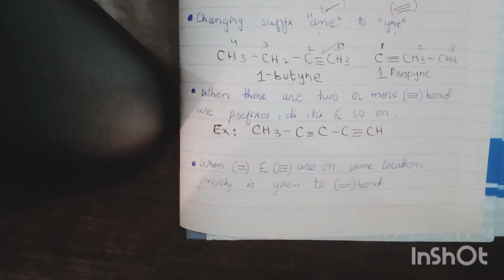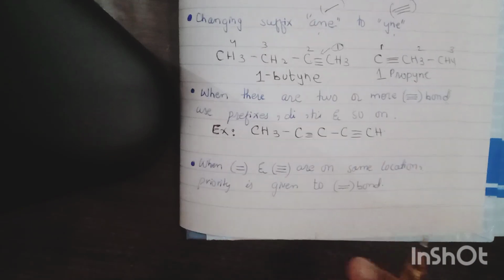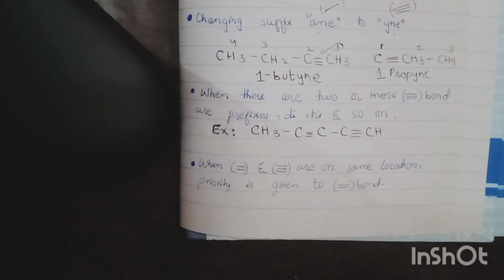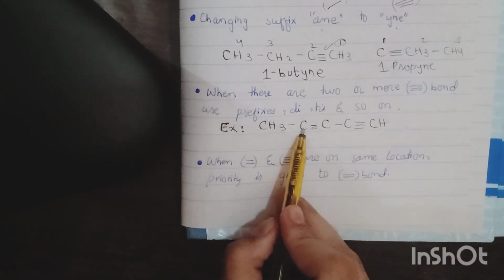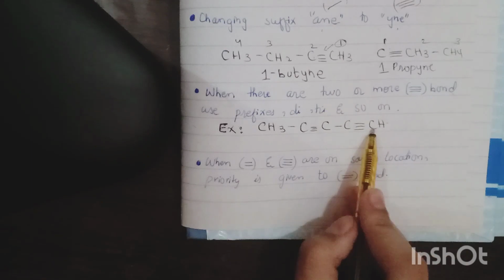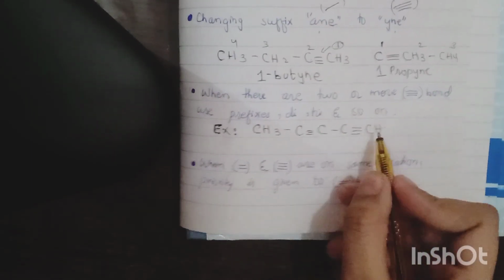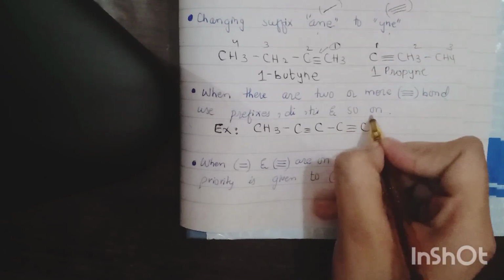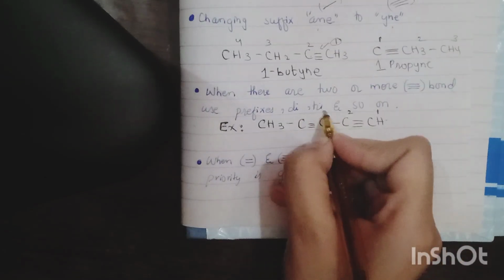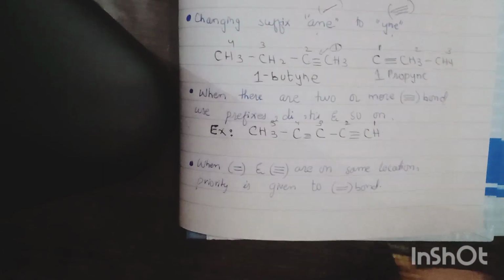So here you can see we have two triple bonds. Now from where should we give the numbering? Here we have to see from where the triple bond is closest. It is on the second carbon from this end, and on the first carbon from the other end. So I think we should give numbering from here because the triple bond is closer to this end: 1, 2, 3, 4 and 5.